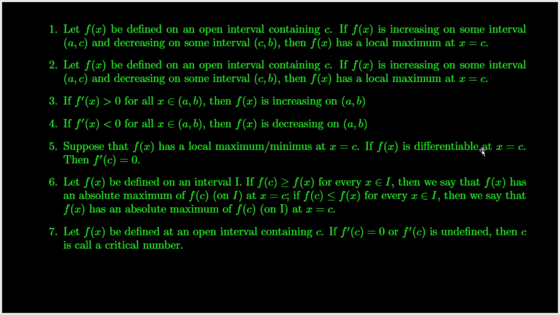We mentioned before, no corner point, no sharp points on the graph. And then the derivative of the function at c is equal to 0. We have seen that, right? We have seen item number 5. Again, at this point, I'm not going to rigorously prove anything, but I want you to see why the conclusions are true geometrically. Okay.